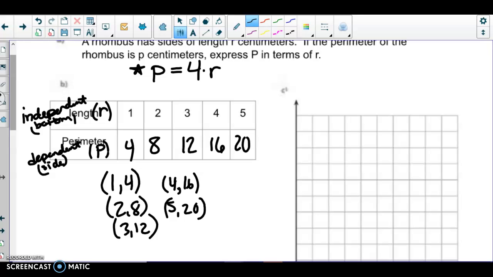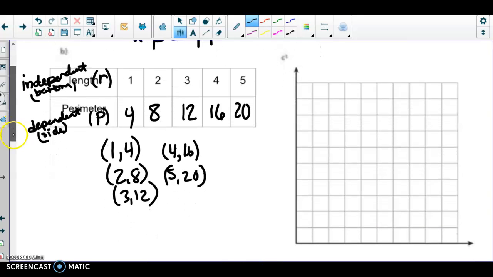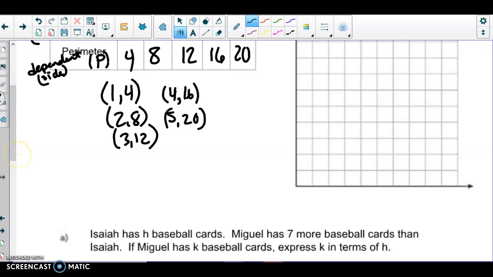Important, if I look, my length goes on the bottom, and I'm counting 1 through 5. So over here, I'm going to write length. I'm actually also going to label it R, and it just was 0, 1, 2, 3, 4, 5. My side was perimeter. And in this one, they're counting 4, 8, 12, 16, 20.